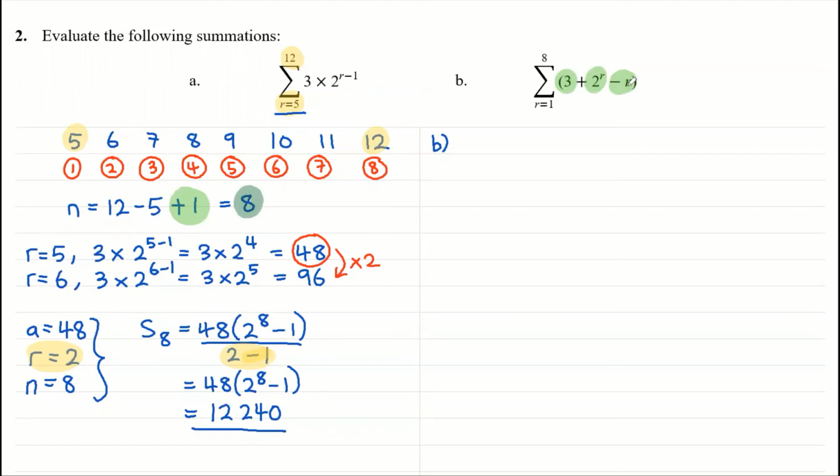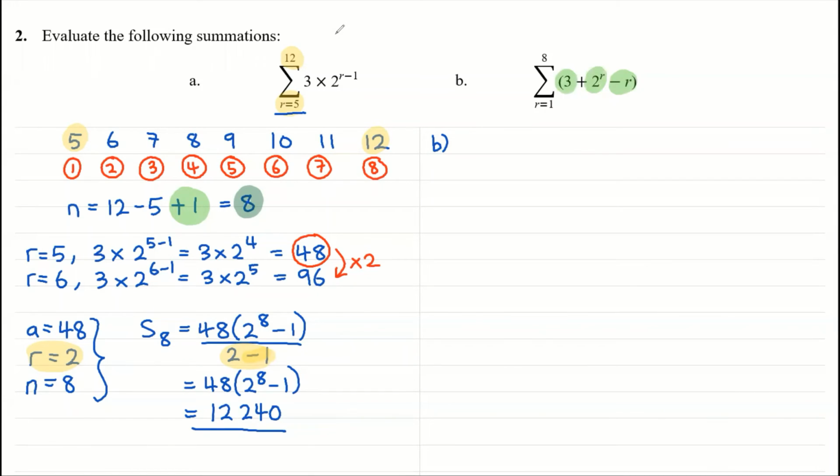Now, there's a really nice property of summations which I'm going to use now. When you do the summation of a sum, or some linear combination of terms like this, you can actually separate them out into three separate summations.